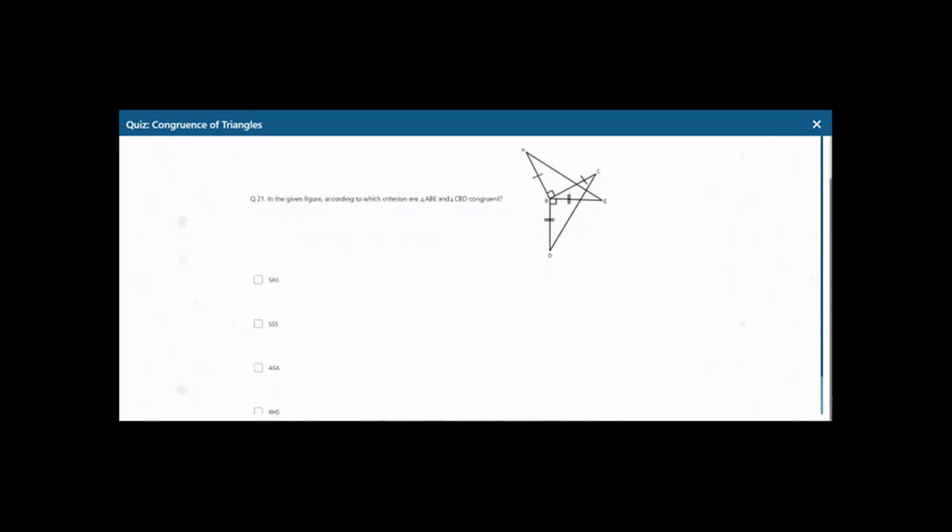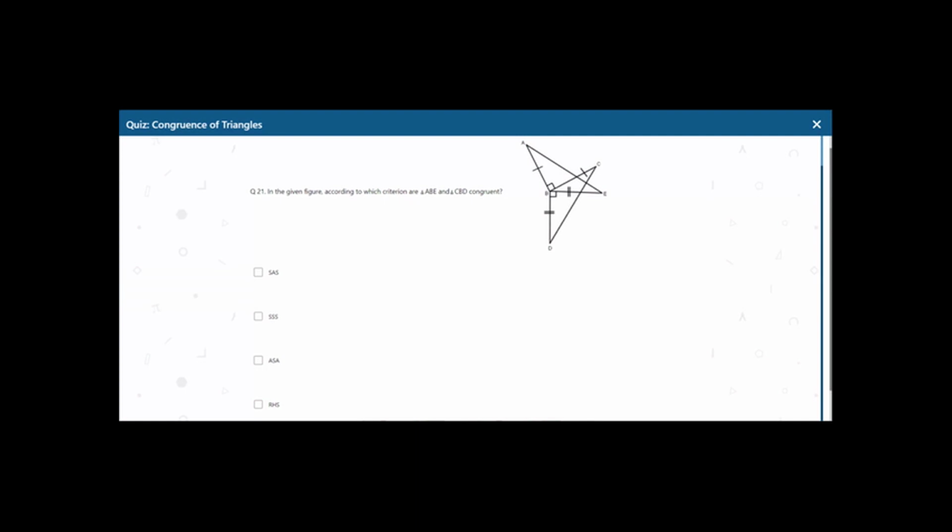In this given figure, according to which criteria are ABE and CBD congruent? Ma'am, the figure is not correctly visible. One minute. ABE. Now can you see the figure? Yes, ma'am. ABE, CBD.